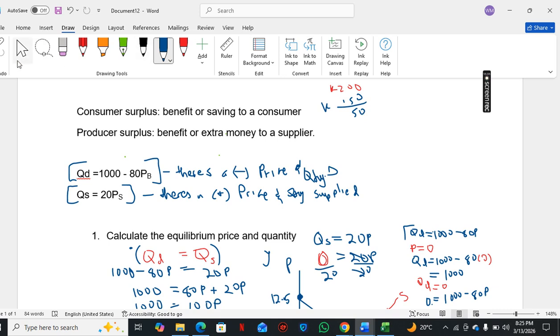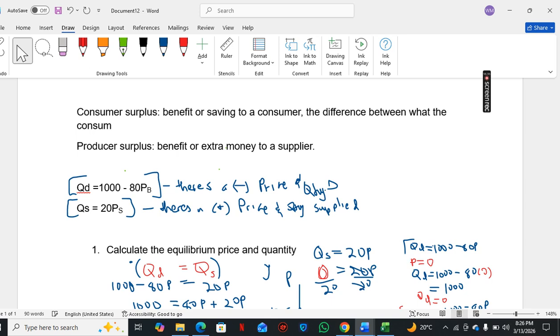Okay. The official definition, which you are going to see in textbooks: the difference between what the consumer is willing to pay versus what they actually pay.